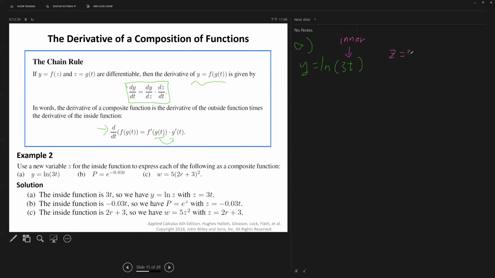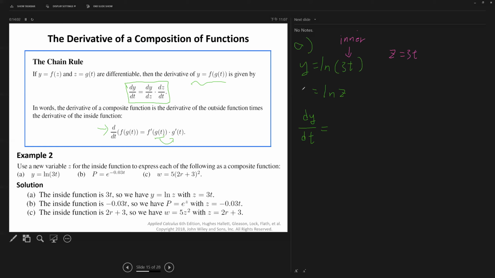Z is 3t, right? So we can rewrite this as ln of z, right? Now, when we take the derivative, dy dt, it should be equal to.